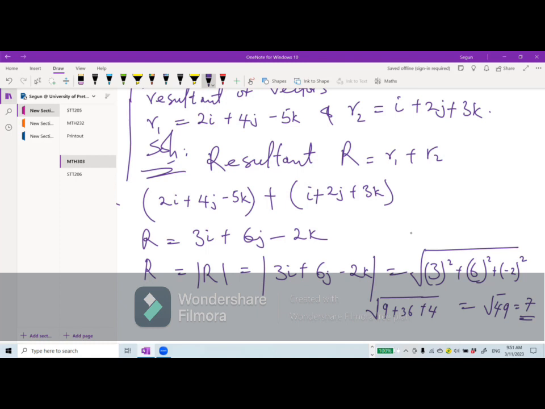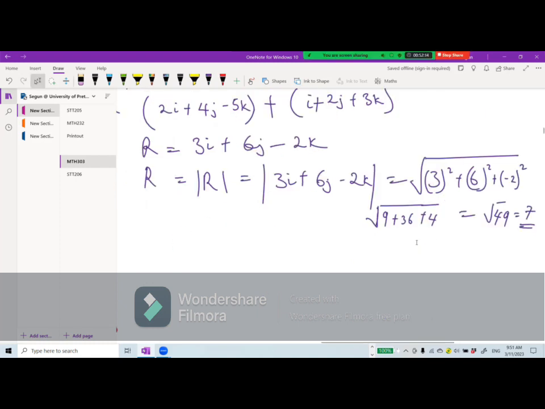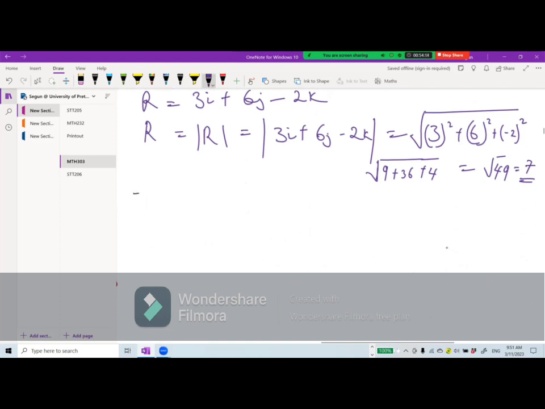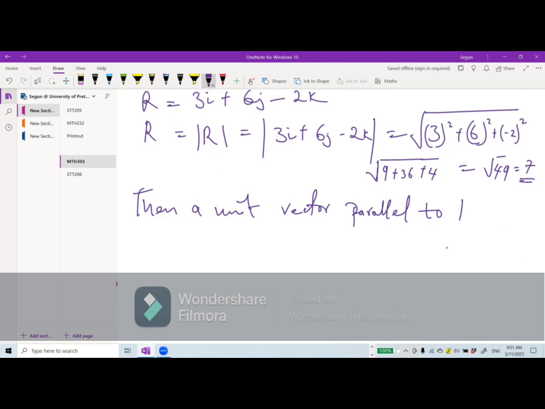No. For us to find the unit vector parallel, we've already calculated our R. A unit vector parallel to R is R divided by its magnitude, the resultant.